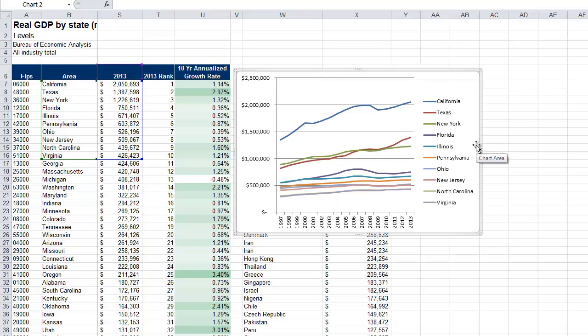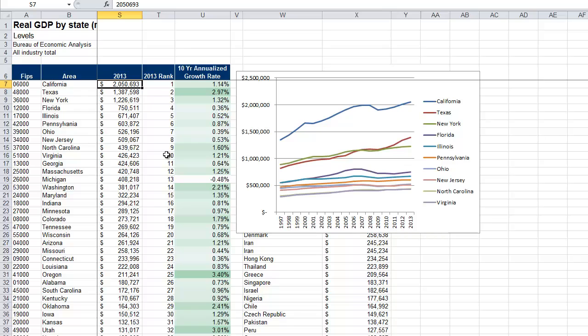We're going to look at this in a few different ways. But hopefully what you can see is the size of these states. This is in millions, so this would be millions, billions, trillions. We're looking at $2 trillion here on the y-axis, and you can see California is by far the largest state.